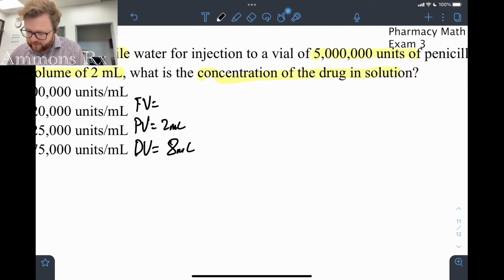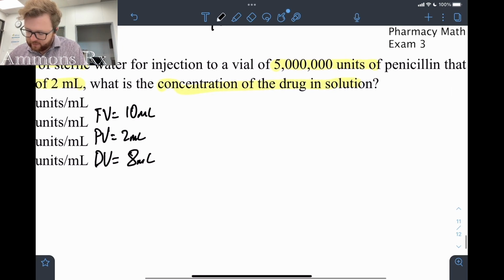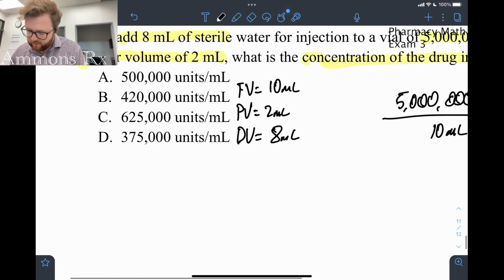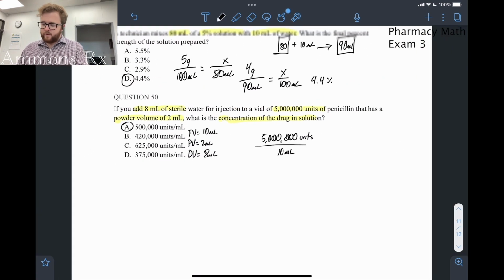So the final volume is the two combined, which is 10 mils total. So we need to do 5 million units over 10 mils, which you probably figured, easy peasy, 500,000.